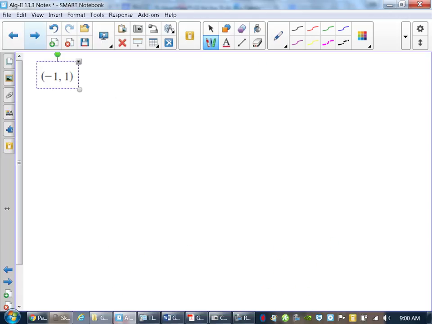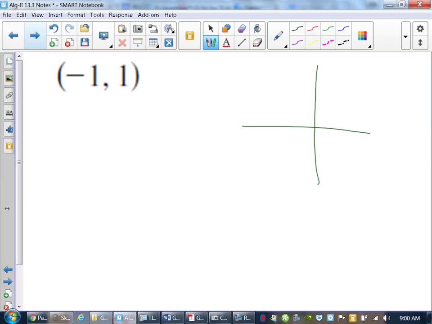So, let's try another one. -1 and 1. I go -1 and 1. What quadrant does that put me in? 2, good.